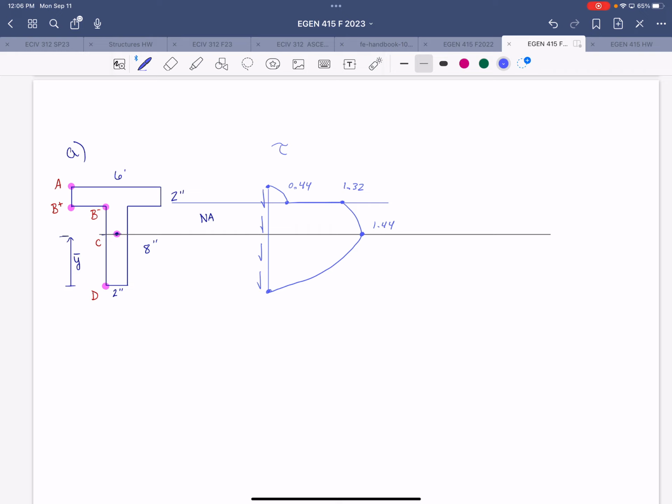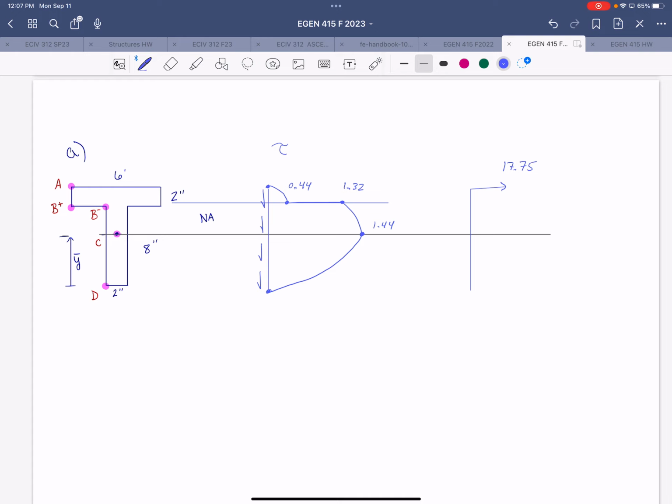All right, so then for the bending stress, we have the line representing the right face of our section, and then we had tension in the top with a maximum value of 17.75.